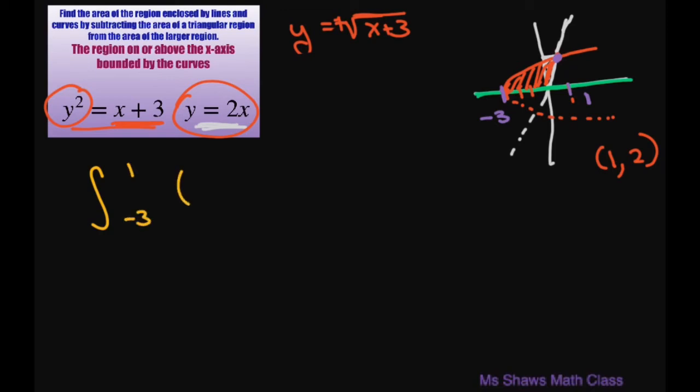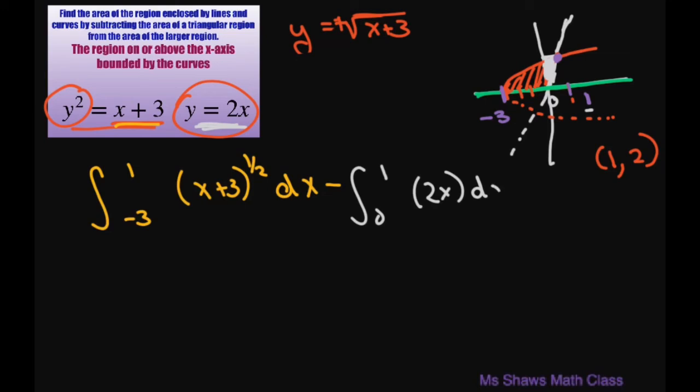And I'm going to go ahead and write this as the integral of x plus 3 to the power of 1/2 dx. And we're going to subtract the triangular region. Remember, the triangle region is right here. So that's going to be minus, and this is going from 0 to 1, and you have 2x dx.